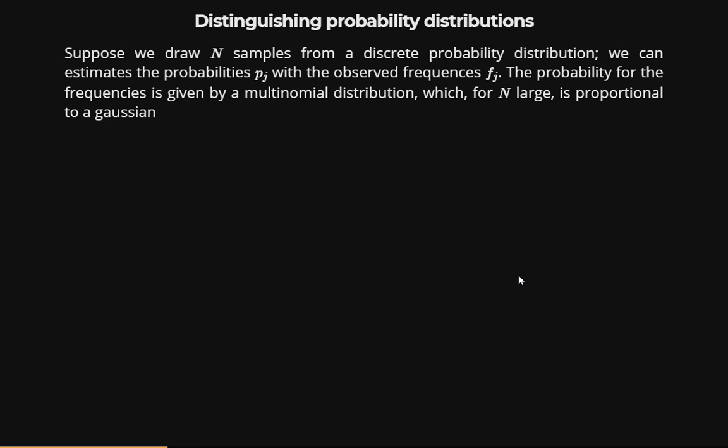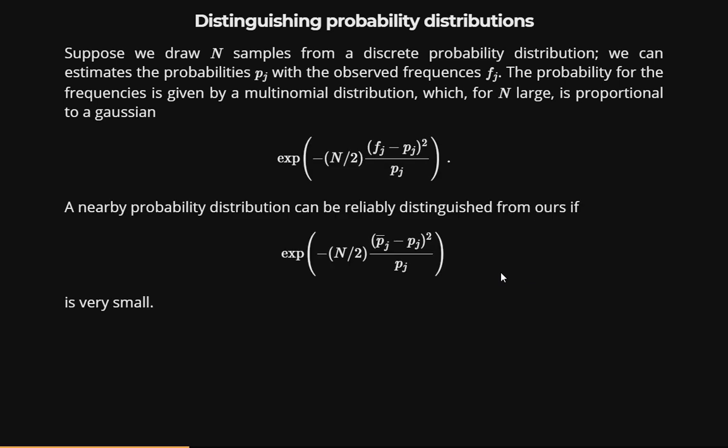And the probability for the frequencies is given by a multinomial distribution, which, if you take a lot of samples, is proportional to a Gaussian. There is a coefficient, which is of this form. So the Fj are those observed frequencies, the Pj are the probabilities, and you get this thing.